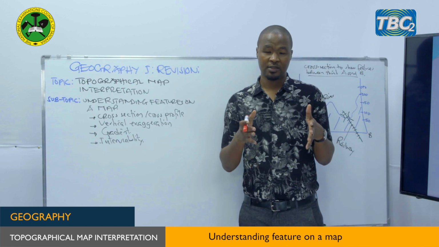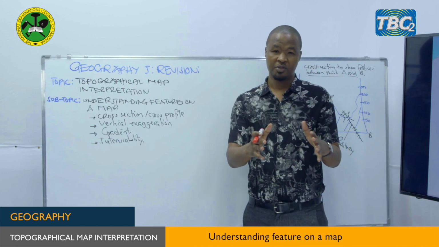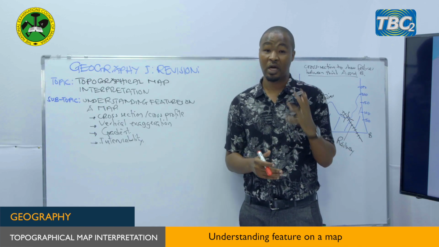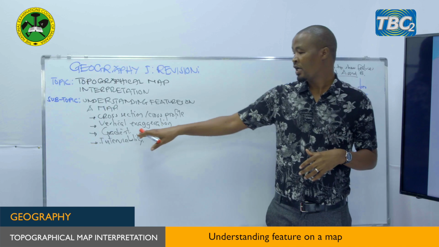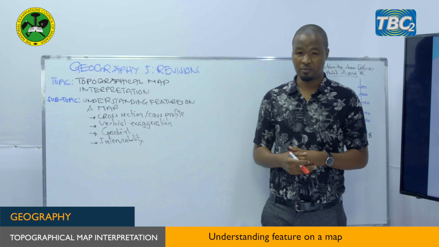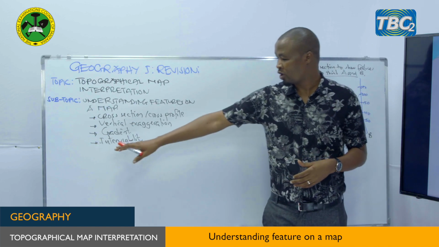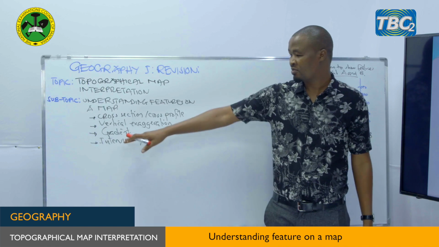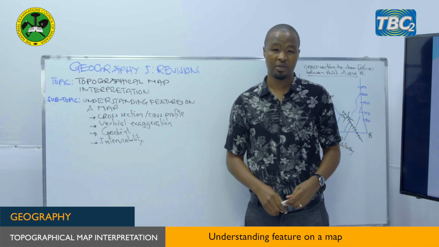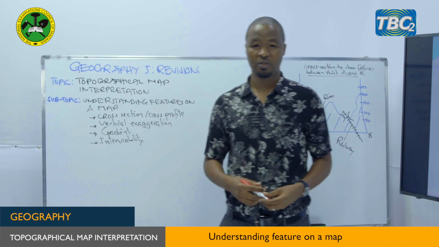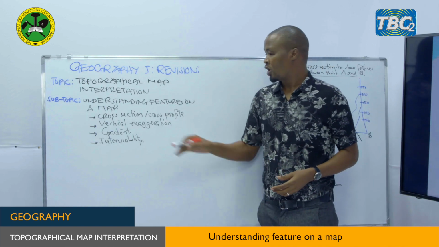Then, after understanding the different procedures or steps on how to draw the cross-section, you will see how to calculate the vertical exaggeration as well as how to find the gradient between the 2 points on a map. Lastly, we will check how to identify the intervisibility between 2 points on a given map. Okay, so let's see what is cross-section or what is cross profile.